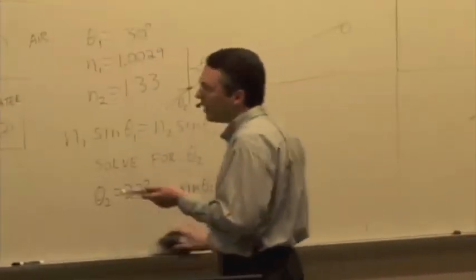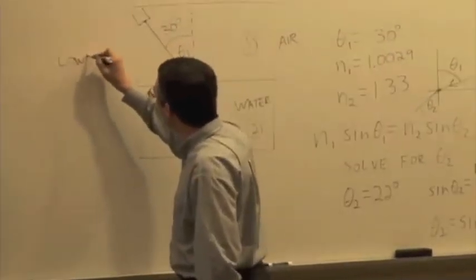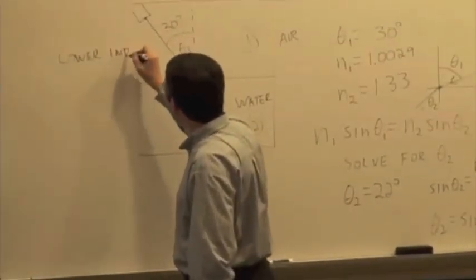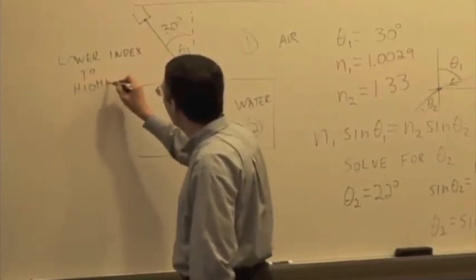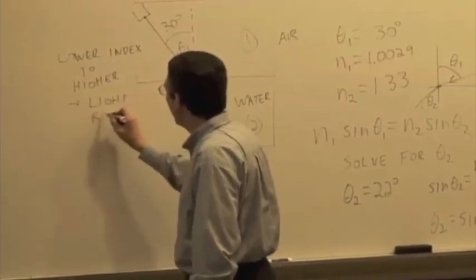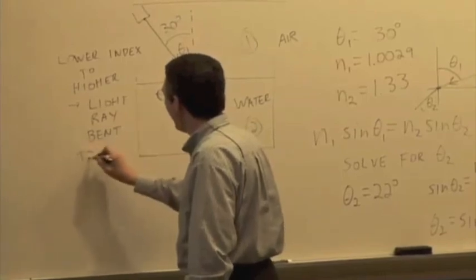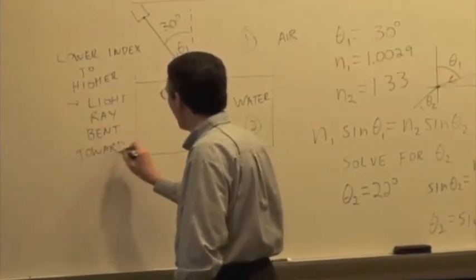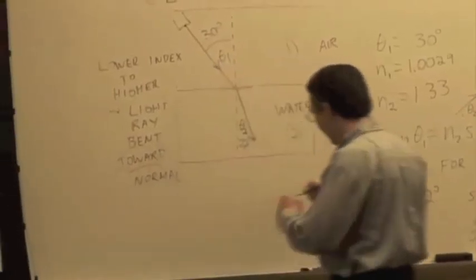So here's a case where we went from a lower index to higher. The light ray is bent toward the normal, toward that perpendicular line.